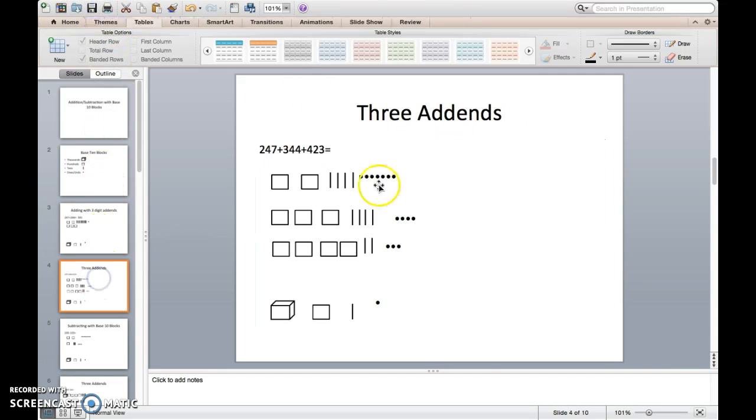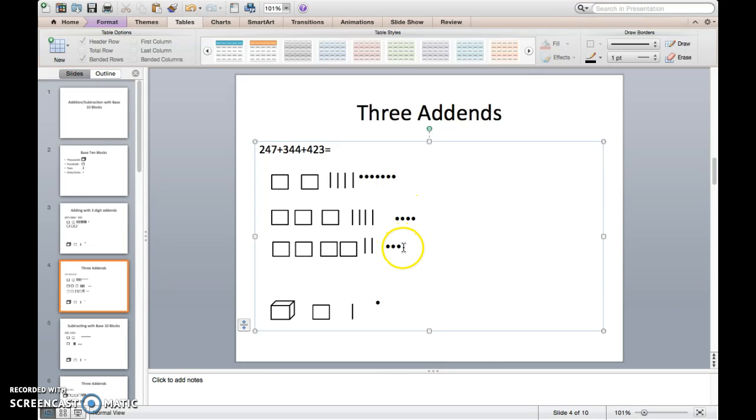I will now move on to my next problem, which has 3 addends. And what I am doing here is adding 247, 344, and 423. I'm going to add the units place first, just as I did in the previous equation.